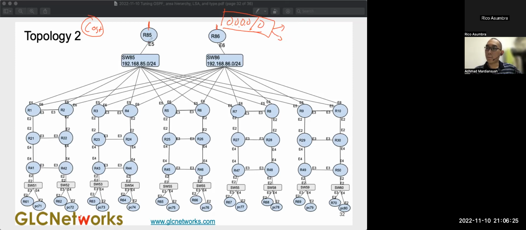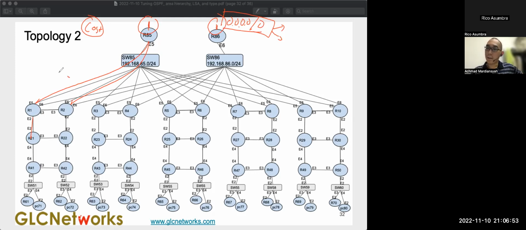So this is one cost, and here and there. It depends on the cost. The lower the cost, the preferred path to go to the internet. So it is possible to have two, three or four ASBRs in your network.